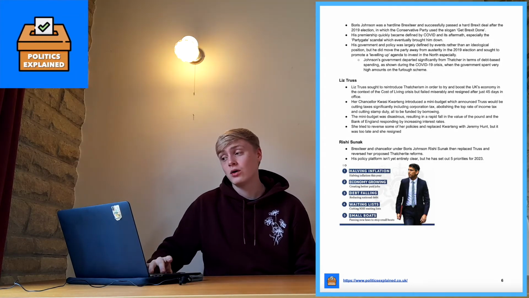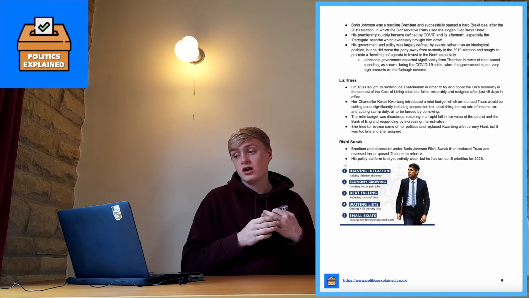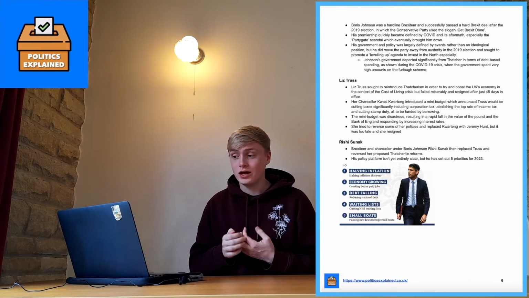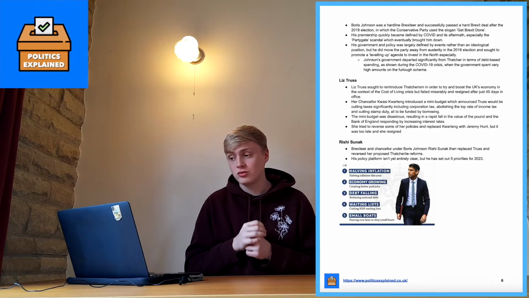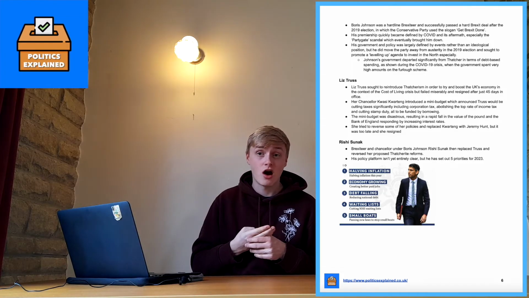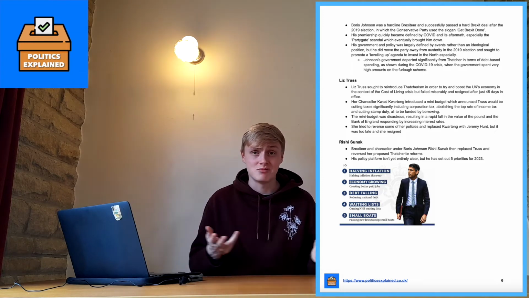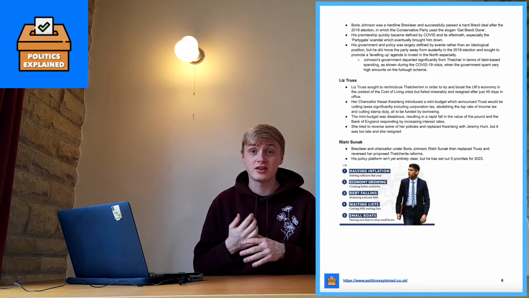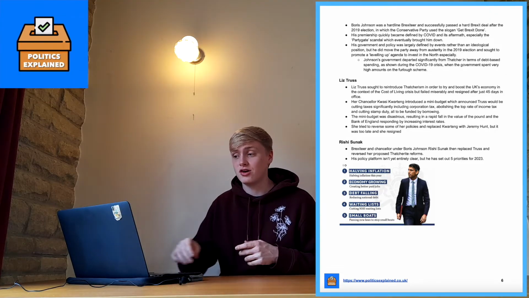But he has set out 5 priorities for 2023, which you should be seeing up there, including halving inflation, growing the economy, the debt falling, cutting the NHS waiting lists, and passing new laws to stop small boats. So the first 3 of those are effectively just seeking to stabilise and improve the economy in the context of the cost of living crisis and in response to the effects of Truss's attempted Thatcherite reforms.